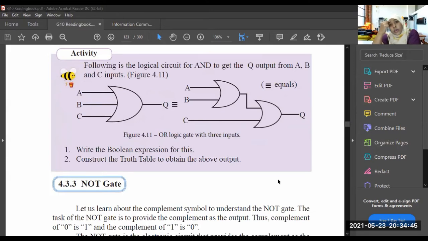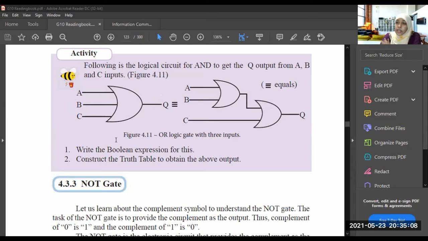Following is the logic circuit for AND to get the Q output from A, B and C inputs. Okay, write the Boolean expression for this. Okay, write the Boolean expression for this one. What is the Boolean expression?